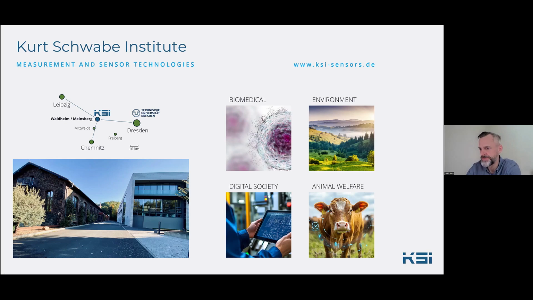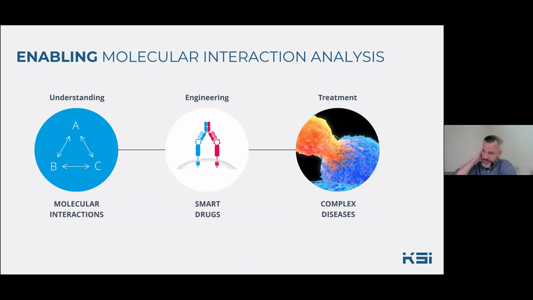Happy to have you. So what we're doing is we're trying to make enabling technologies to study molecular interactions. And by that we mean quite basically understanding how molecules of any kind, that could be proteins, DNA, peptides, small molecules, doesn't matter too much, how they interact, how they bind, how long they stay bound.